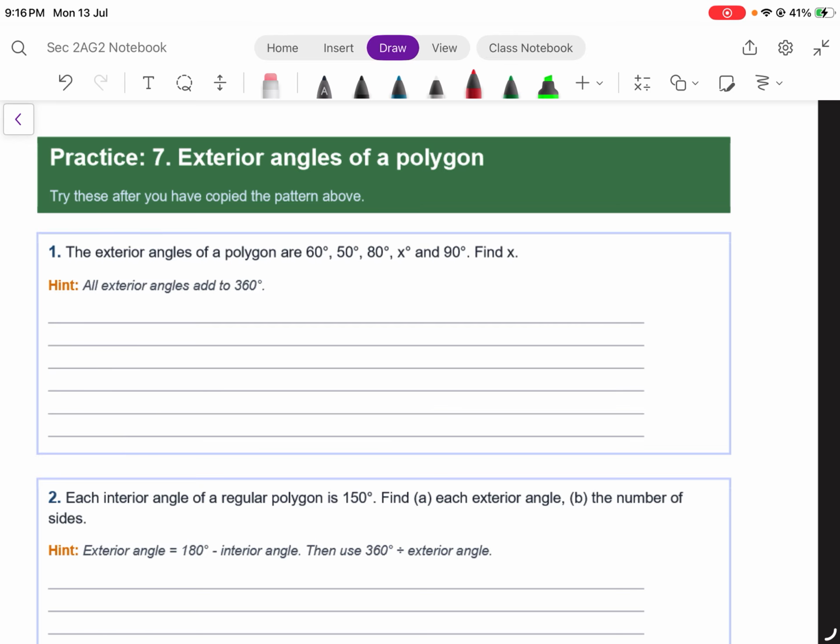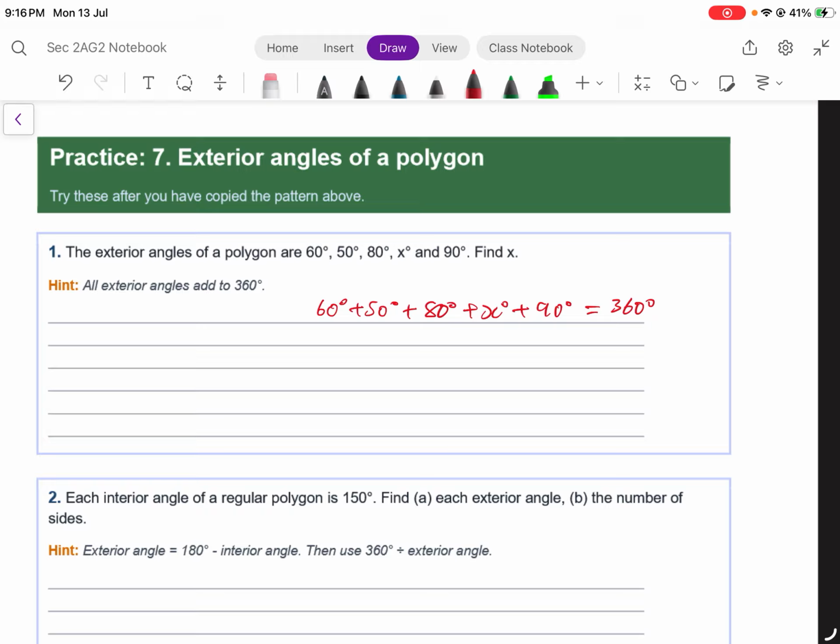Now they say the exterior angles of a polygon are 60, 50, 80, x, and 90. Find x. Needless to say, 60 plus 50 plus 80 plus x plus 90 should all equal 360.